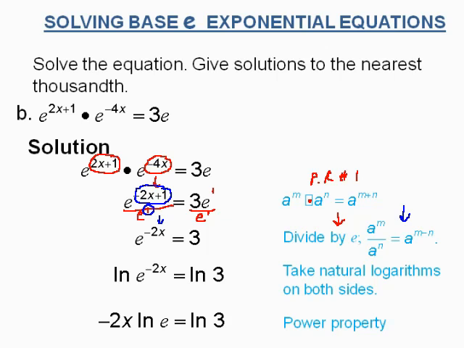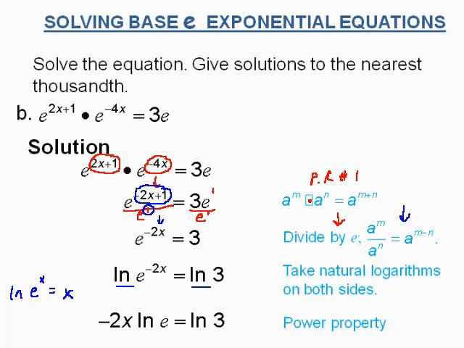Now we're going to slap that ln on both sides of the equation, and remember the rule that if you take the natural log of e to some power, you get that power.